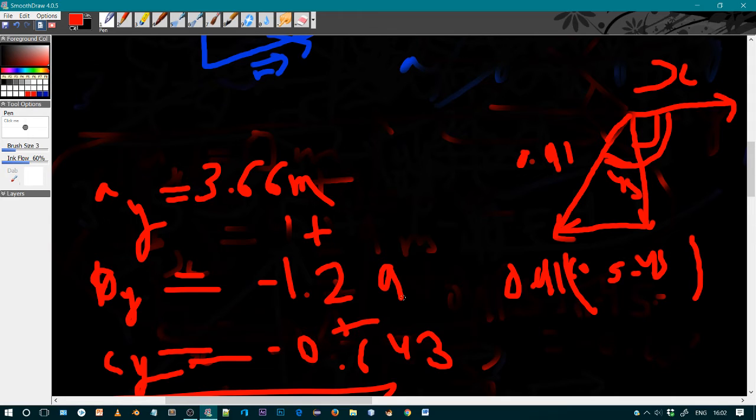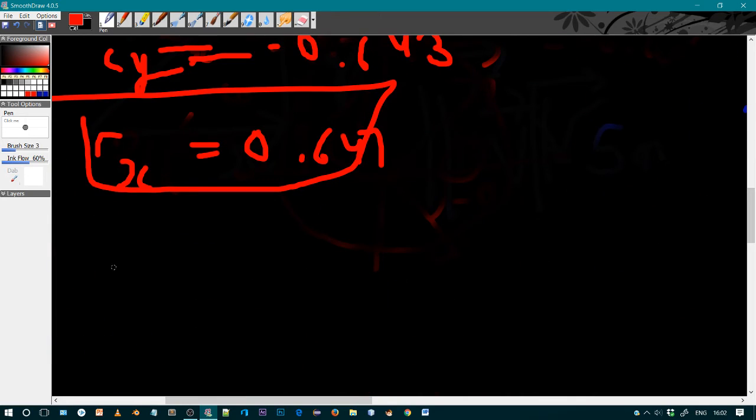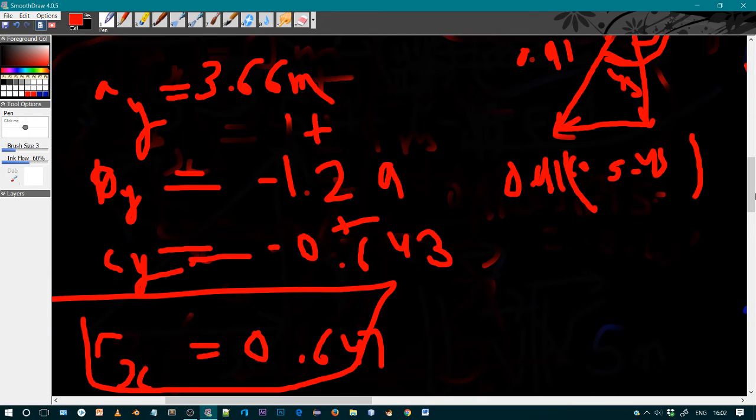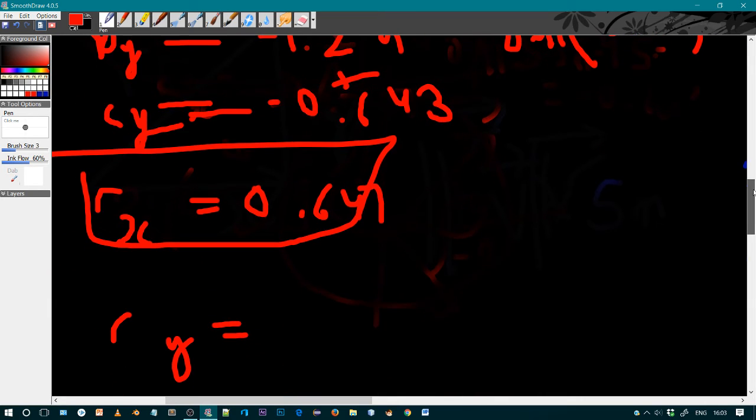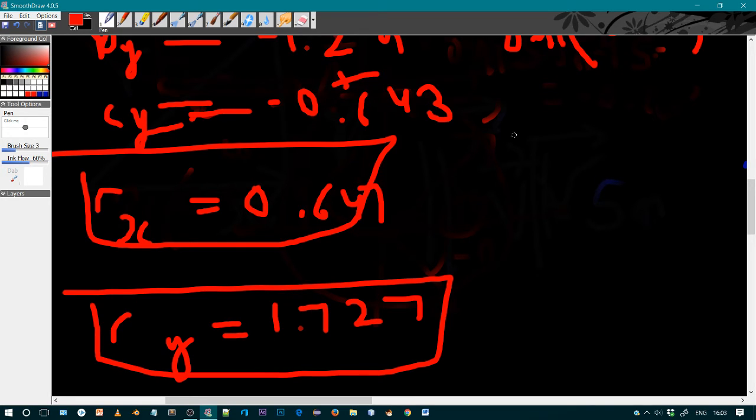I'm going to add these up to find Ry, and this should give me 3.66 minus 1.29 minus 0.643, which will give you 1.727, a positive value.